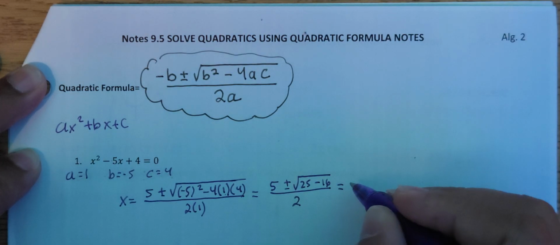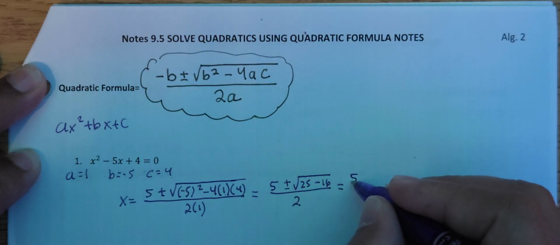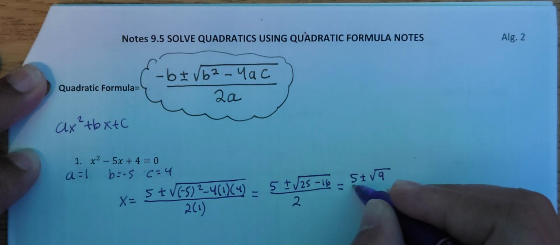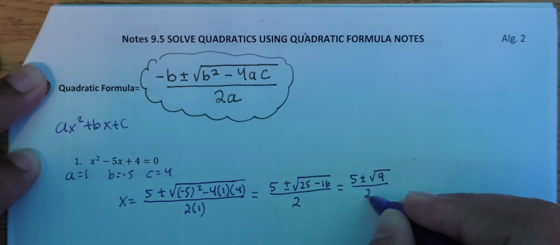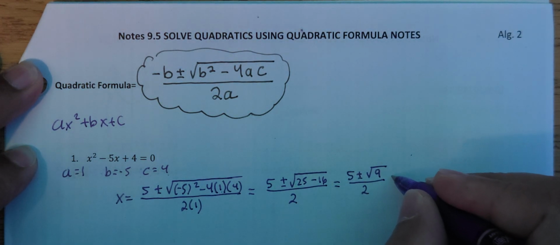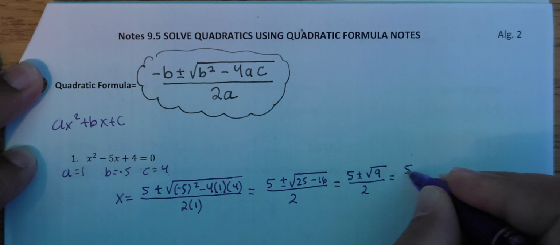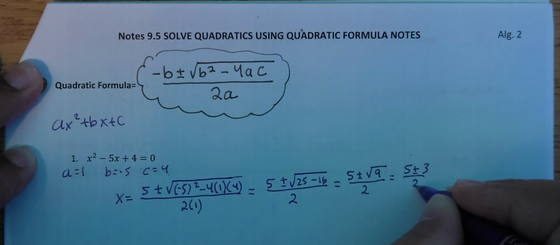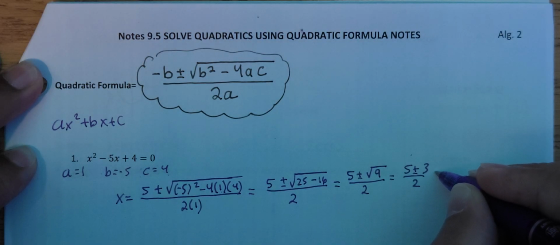So then this is equal to 5 plus or minus square root of 25 minus 16, which is 9, over 2. So this is equal to 5 plus or minus square root of 9, which is 3, over 2. So here's where we get two solutions.